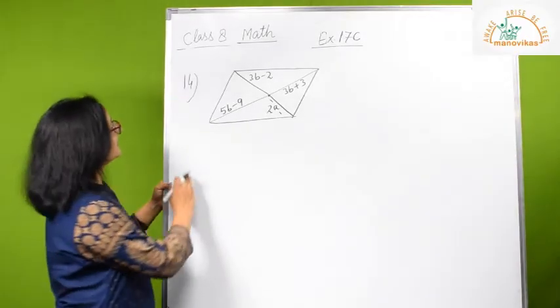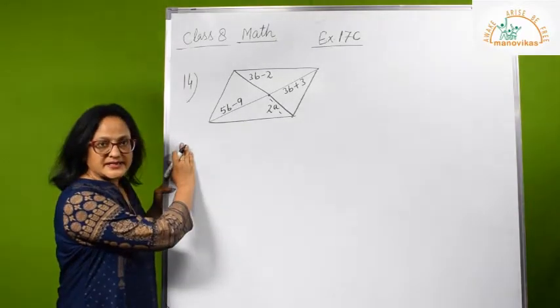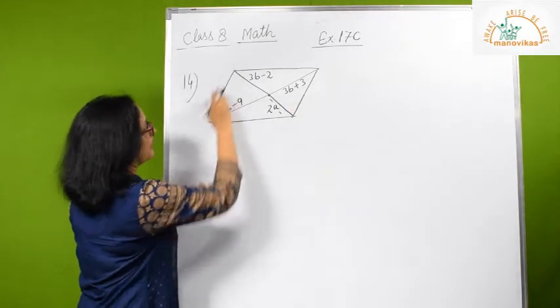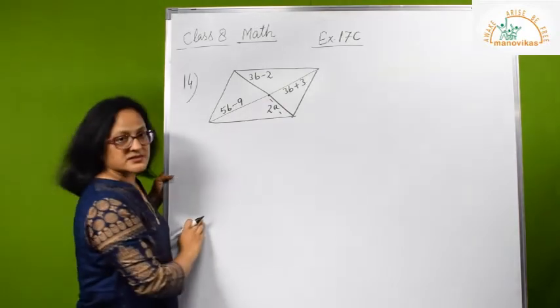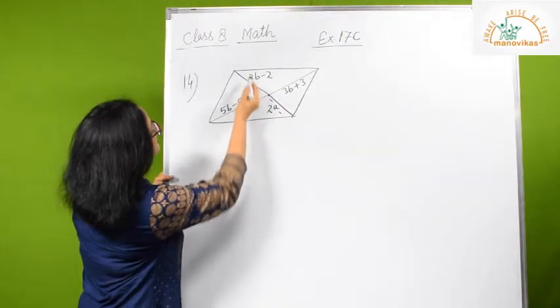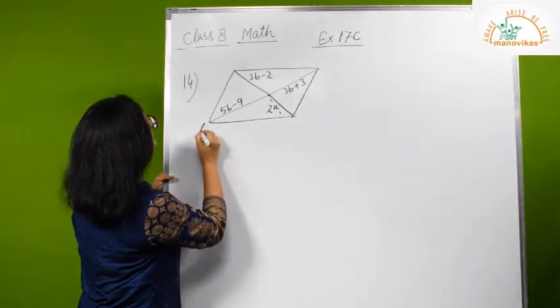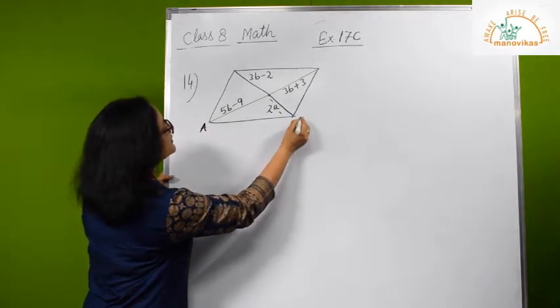Okay, now I am taking question number 14. In this question, you are given a quadrilateral and the diagonals of the quadrilateral are intersecting. Let's give a name to this quadrilateral for the sake of convenience.